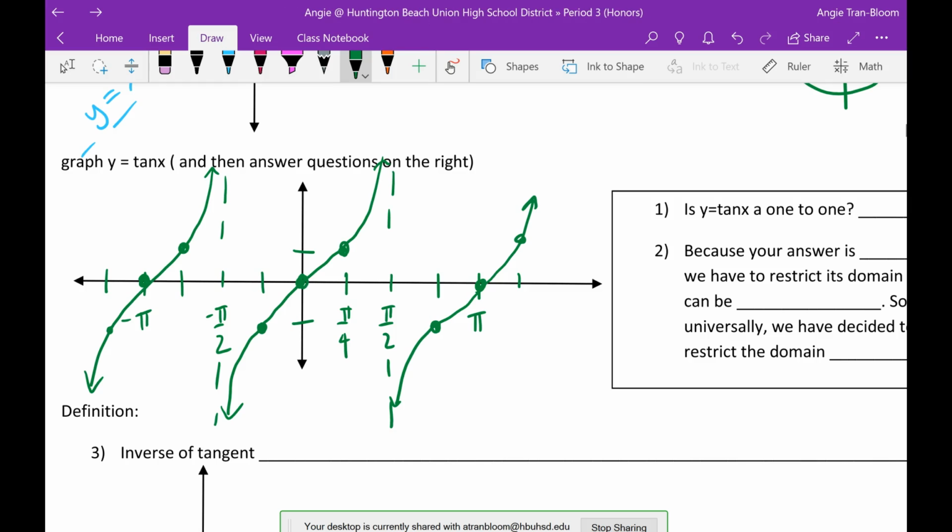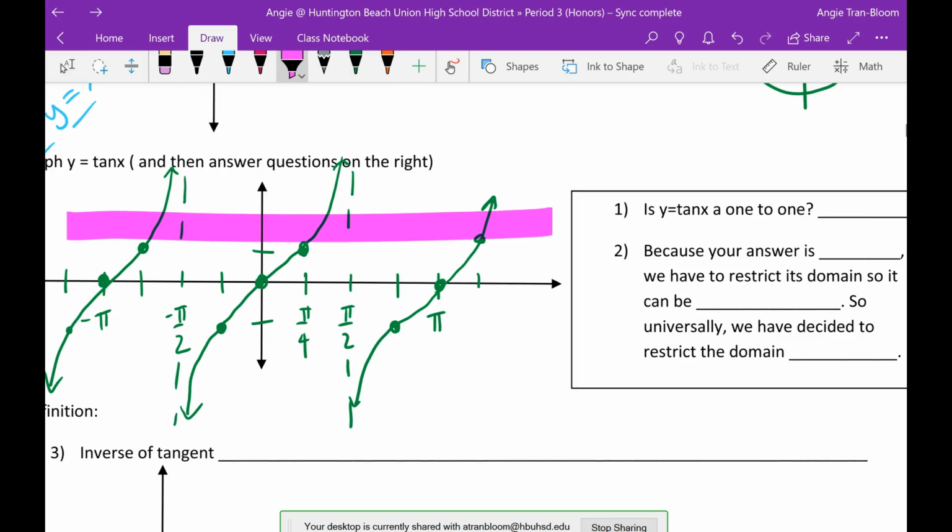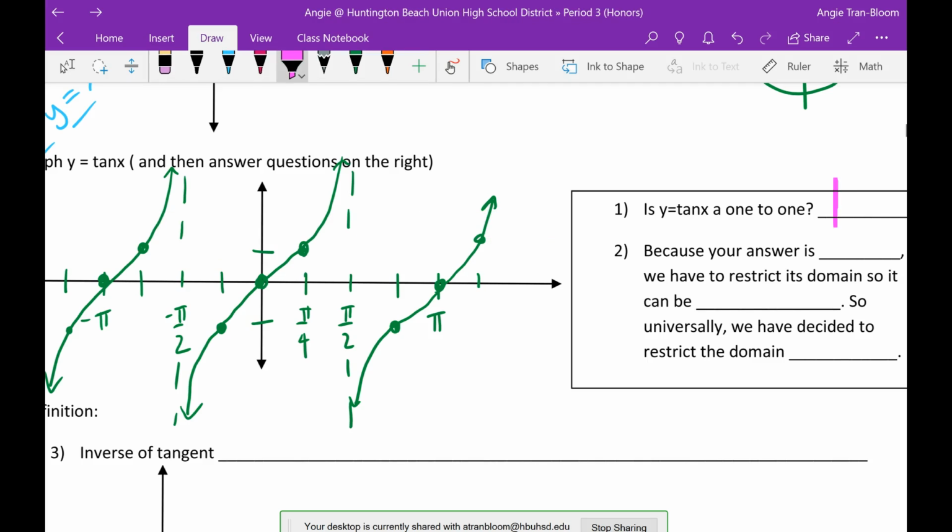Is it 1 to 1? No. I intersected like 3 times, just like that. So, 1 to 1? No. It's a trick question. So we say no. We limit it so it can be a 1-to-1 function.